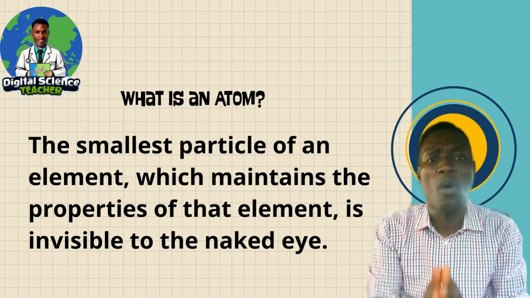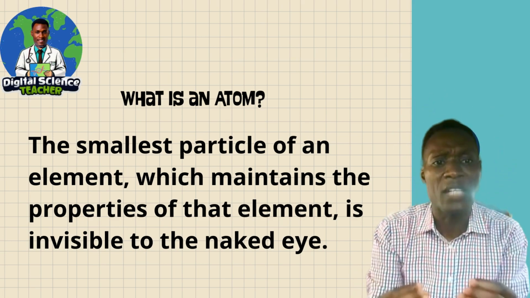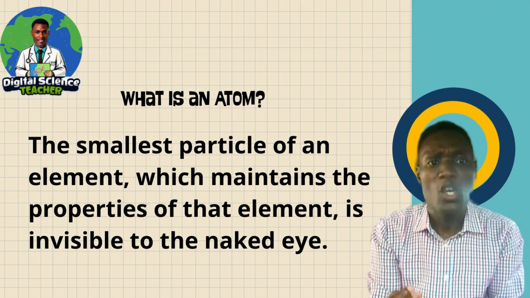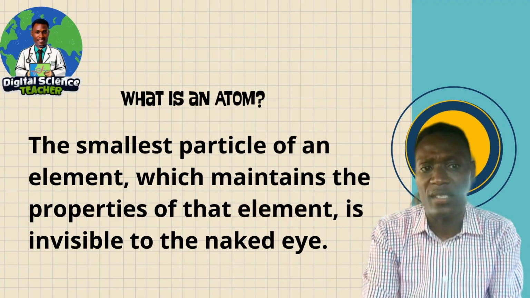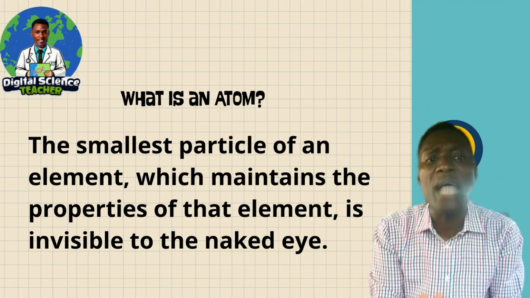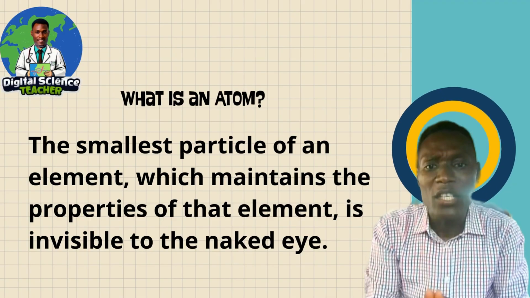Now, here are some basic facts that you should know about an atom. Atoms are incredibly small. You cannot see atom with your eyes, even with the aid of a microscope. Now, atoms are always moving. They move randomly.